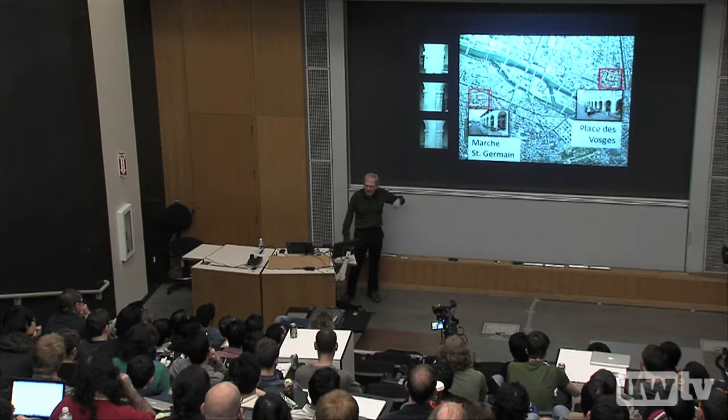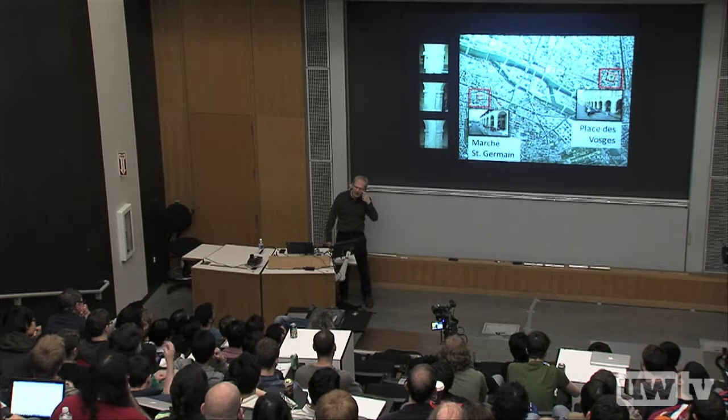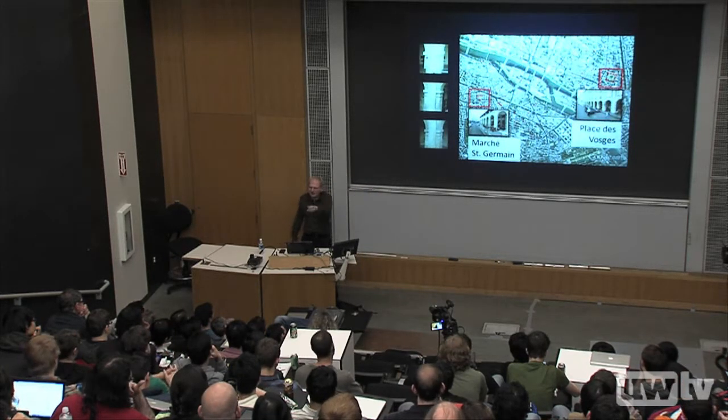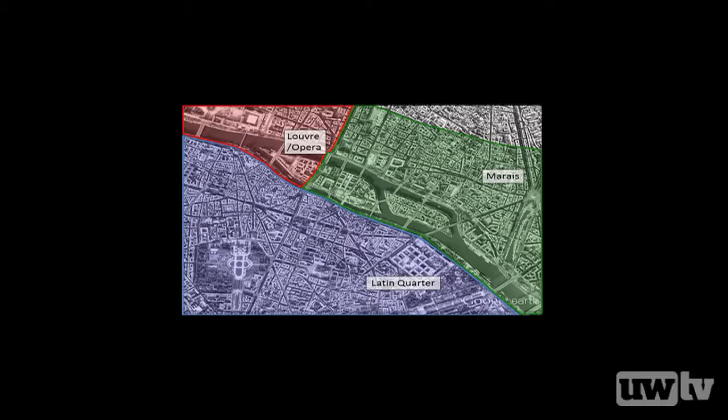Marché Saint-Germain is much younger, and the architect might have wanted to cite Place des Vosges as a subtle influence. These are the kind of things that architects are actually interested in and looking for in architectural studies.